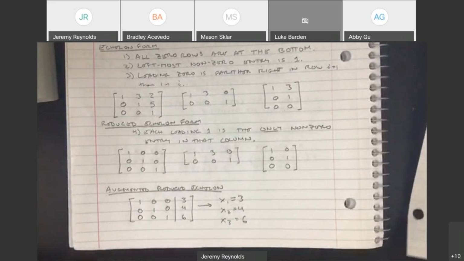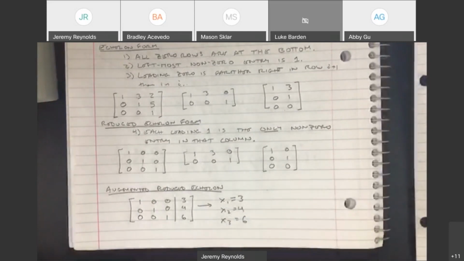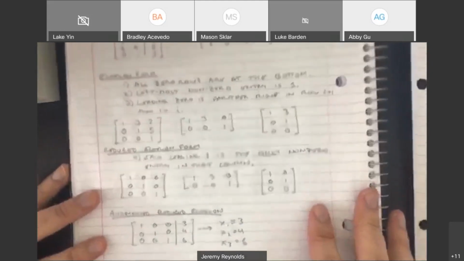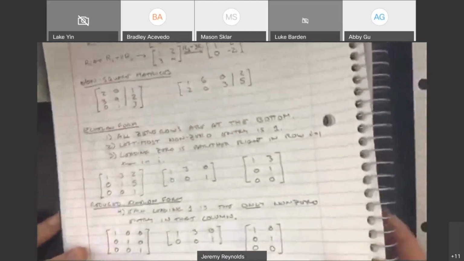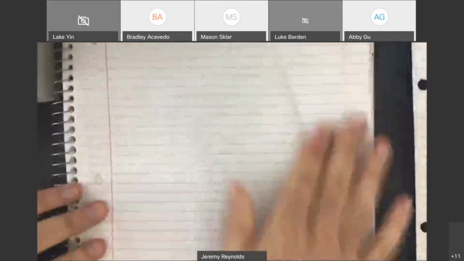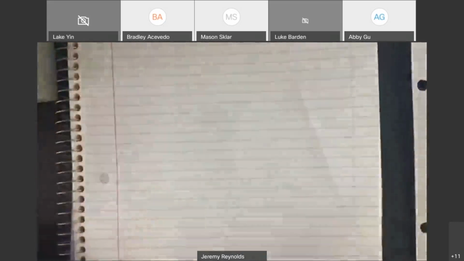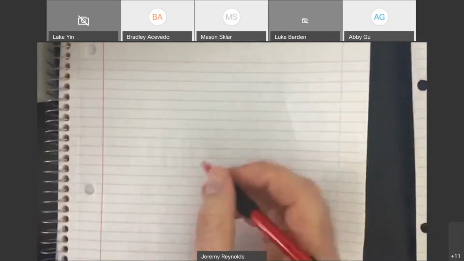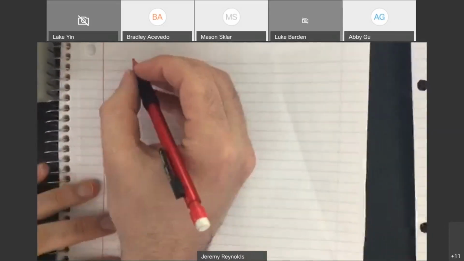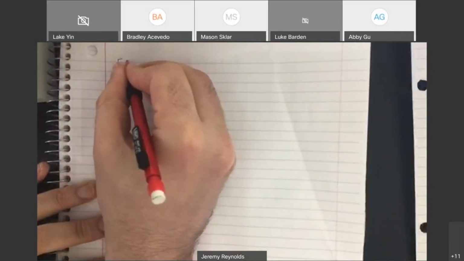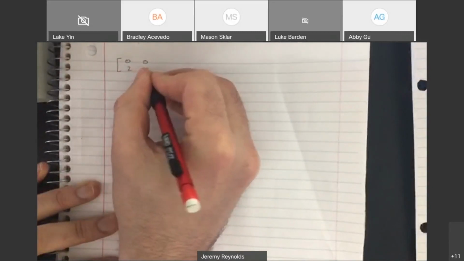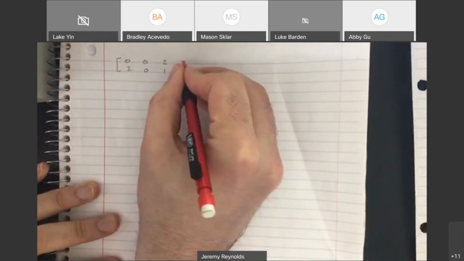Okay, so now we're going to do a few examples of Gaussian elimination to give you a little bit of a view of the process. These are all homework problems from here on out. First example, let's say we have the matrix 0, 2, 0, 0, 2, 1, 3, 4.